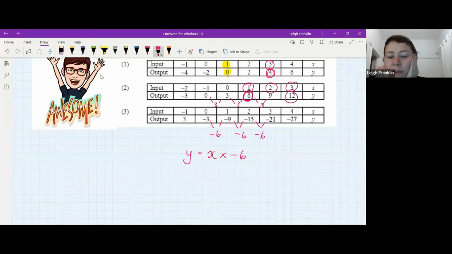Okay, but is that the whole story? Does input go in and then we times it by -6 and we get our answer? No, ma'am. What do we still need to do? I don't know, ma'am. It's okay. So Nathaniel, if you have a look when 1 goes in, you're going to say 1 goes in, I times it by -6, I get -6.